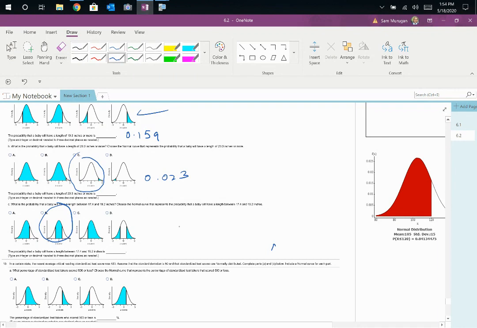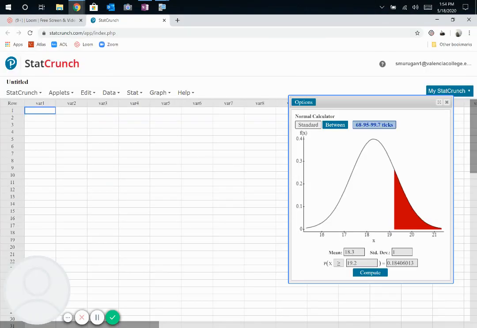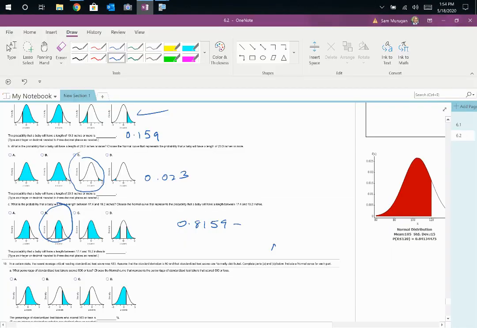That would be 0.8159 minus, what was that number? 0.184. On the calculator, they want the answer to 3 decimal places.